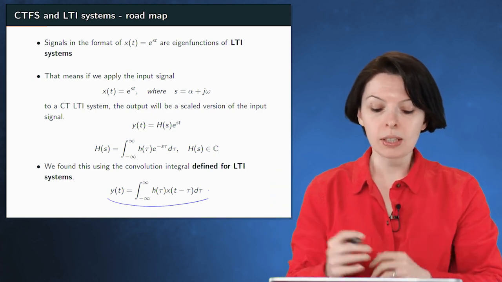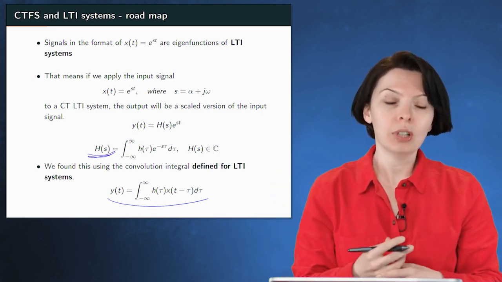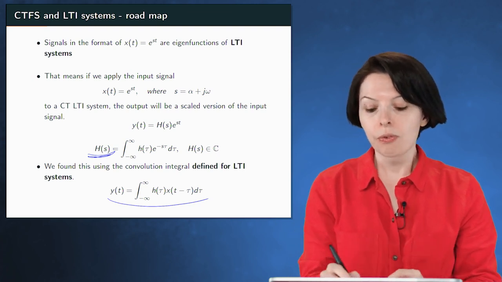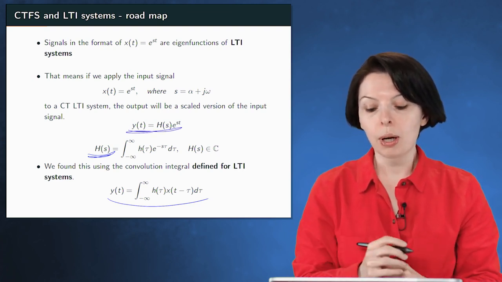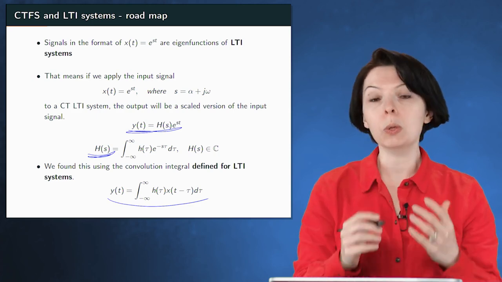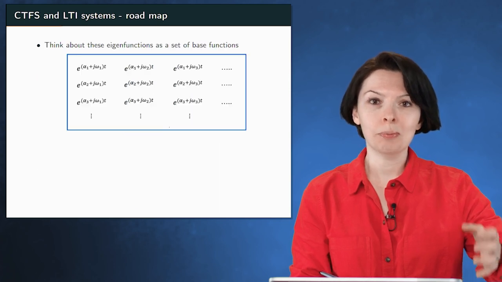So we named that expression H of s, and we call it the transfer function of the LTI system. So far, we know that if we apply e to the st to an LTI system, the output is going to be equal to H of s multiplied by e to the st.